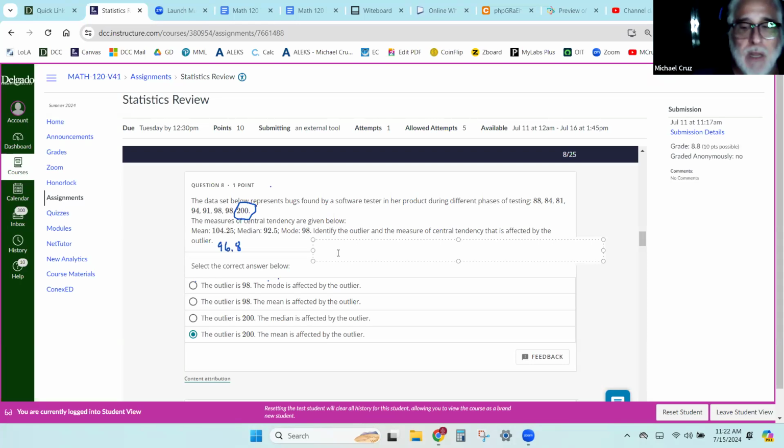And you see that the mean jumps up to 104.25. It jumps up 8 points because of this guy here. The mean is sensitive to extreme values.